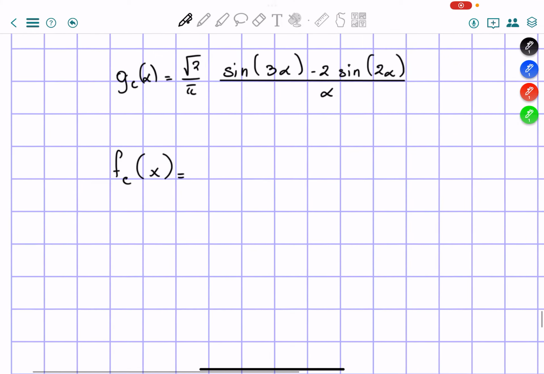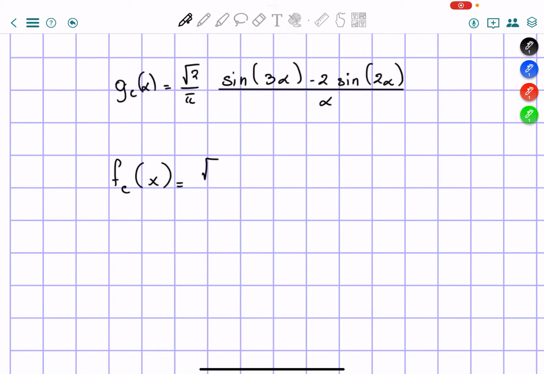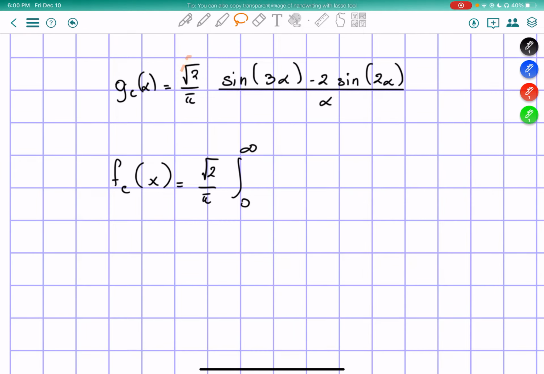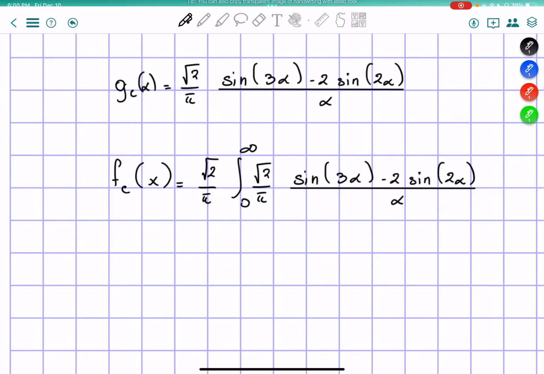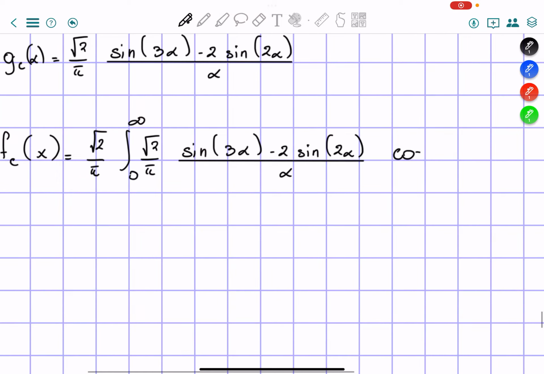So f_c of x is going to be equal to the square root of 2 over pi integral from 0 to infinity of g_c, so this part right here, times the cosine of alpha x dx.